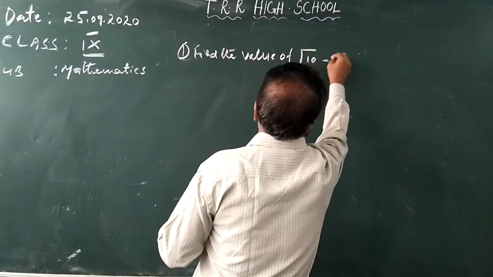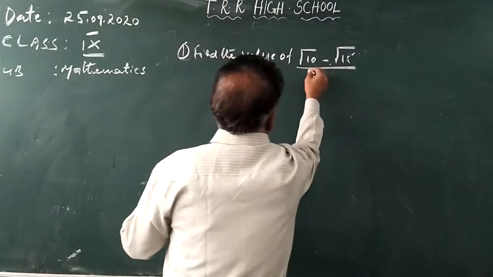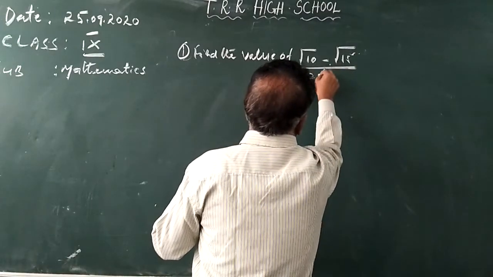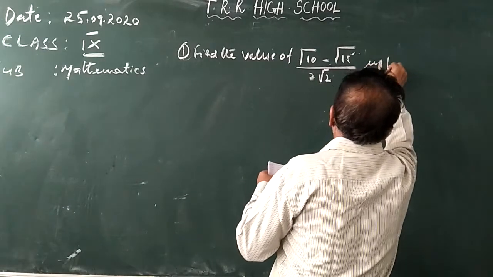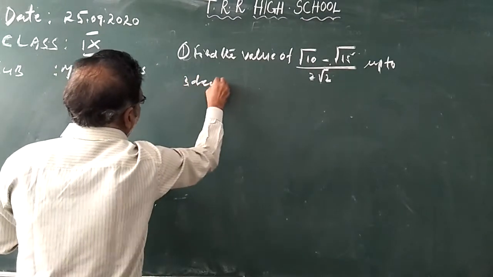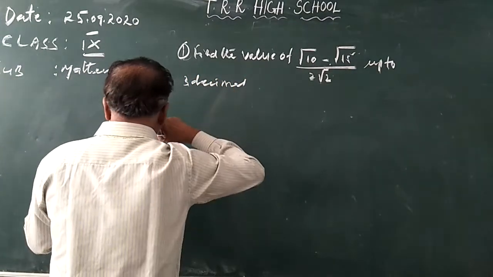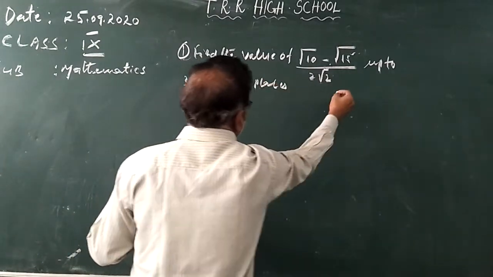(root 10 minus root 15) by 2 root 2, up to 3 decimal places.